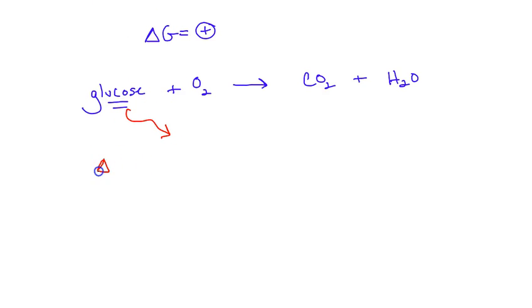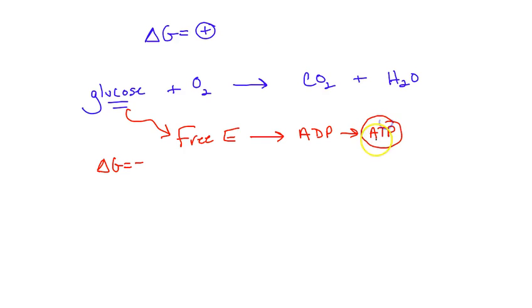We know that delta G in the reaction is negative. This free energy does what? Forces the ADP into ATP, and this is the energy currency of the cell. This is a high energy particle that stores a little bit of the energy that came from the glucose, and we can distribute it around the cell as needed, when we need it.